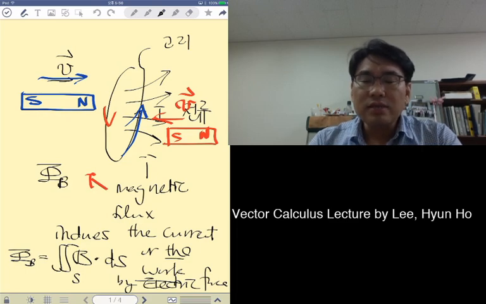In that case, we could assume that this magnetic field has the vector potential. Then we know that there's a vector potential, and the magnetic field is time changing.